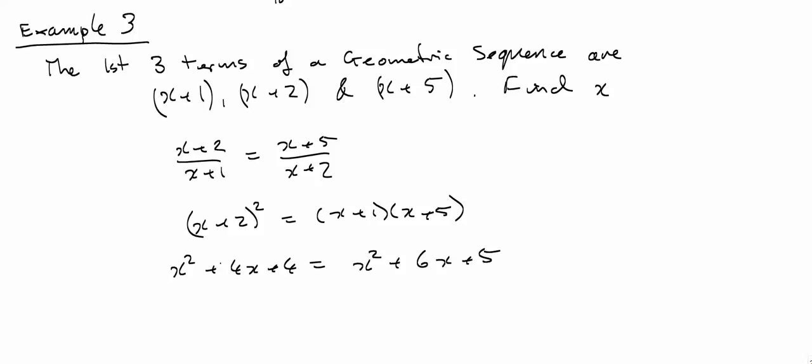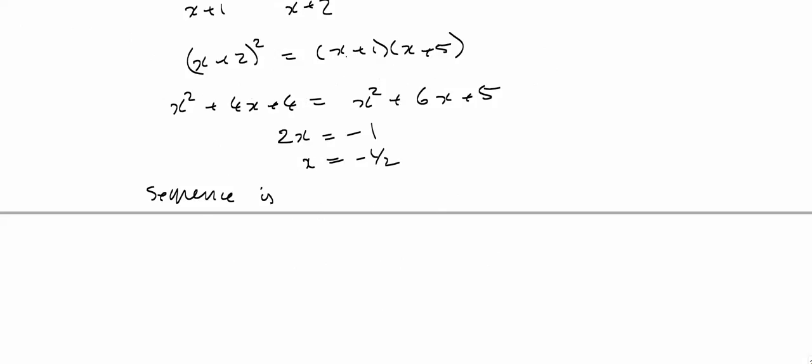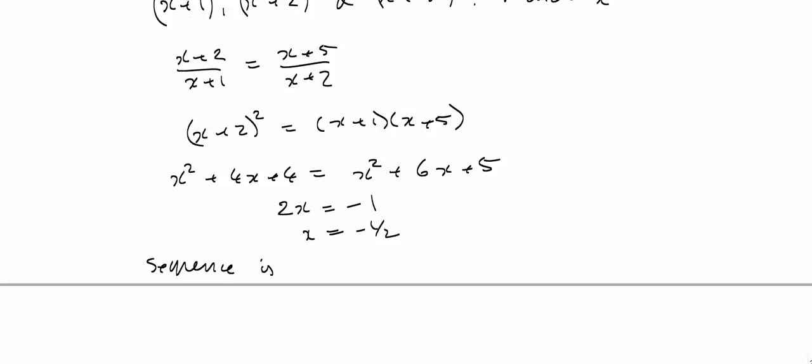Simplifying, we get 2x equals minus 1, or x equals minus a half. So the sequence is x, which is minus a half, x plus 1, which is minus a half plus 1, which is a half, x plus 2, which is minus a half plus 2, which is 3 over 2, and x plus 5, which is 9 over 2.